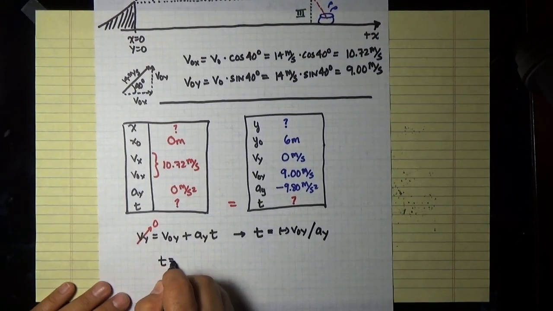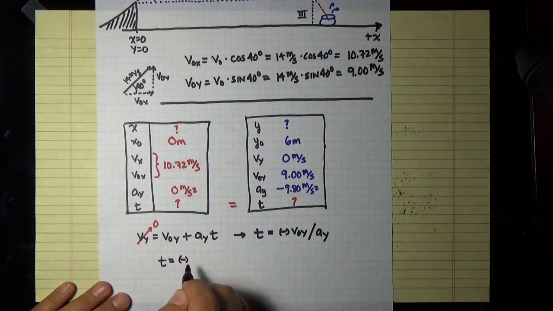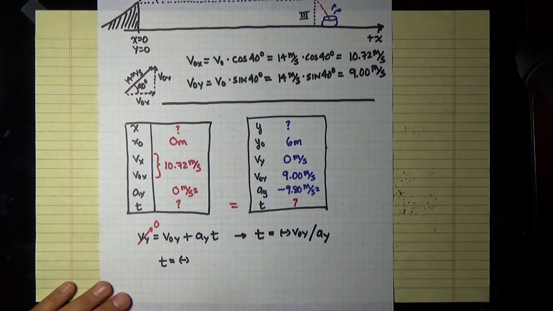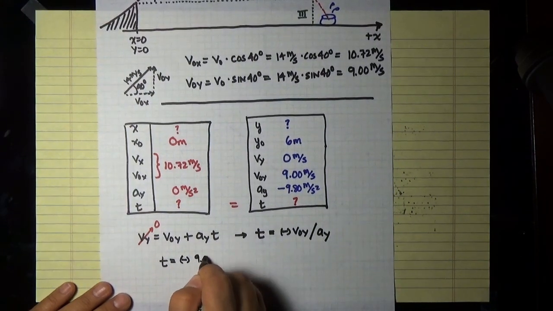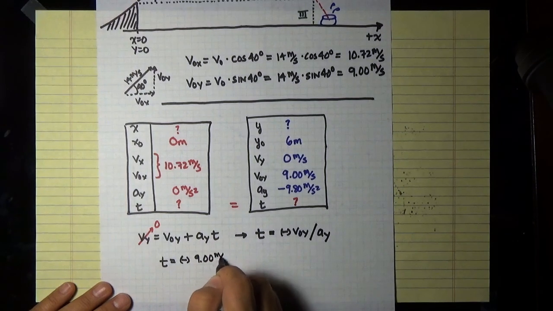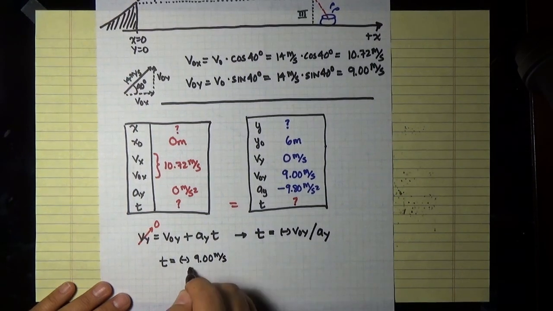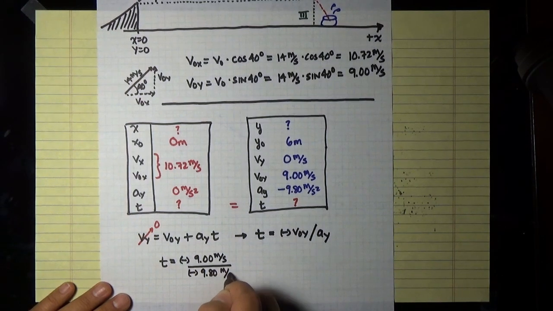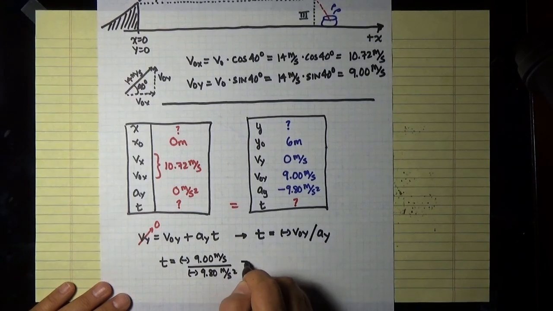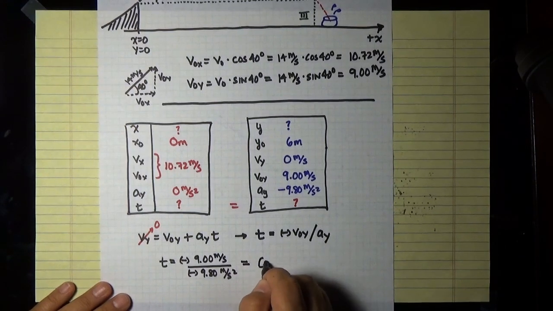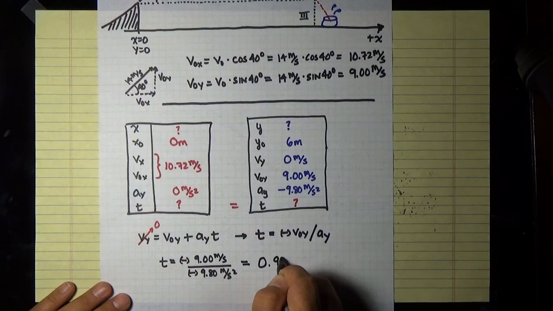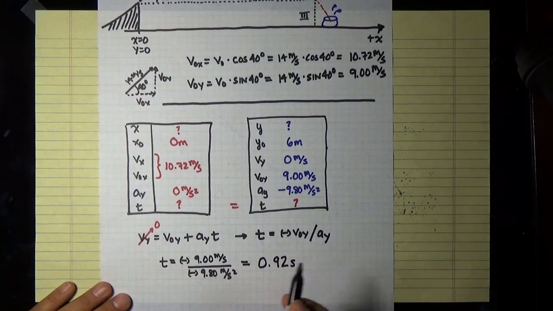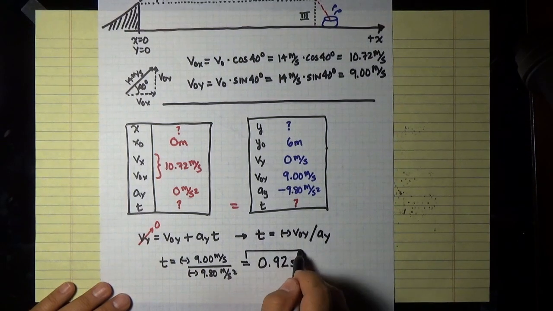So let's go ahead and put the numbers in there then. Time in this case is equal to minus V naught y, which is 9.00 meters per second, divided by the acceleration, which is minus 9.80 meters per second squared. And if I multiply that all out, I find that the time is 0.92 seconds.